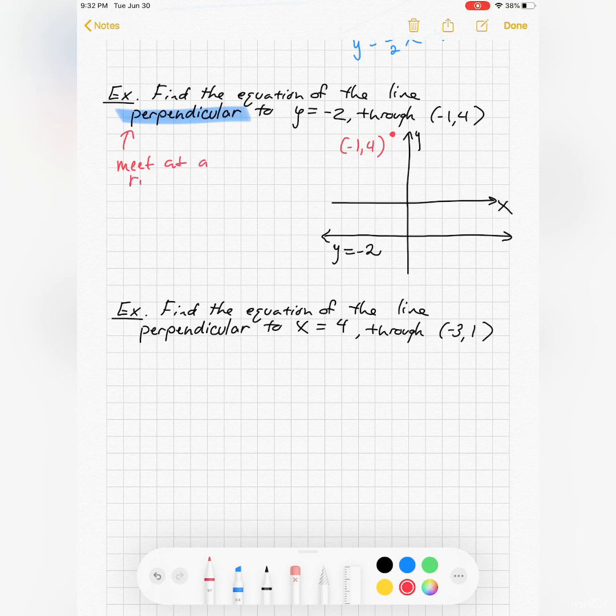They meet at a right angle, 90-degree angle. So the only way that's going to happen is if I have a vertical line here, right? Since this is a special case and I need this to be a 90-degree angle. So a vertical line is of the form x equals a number. So that's going to be x equals negative 1.